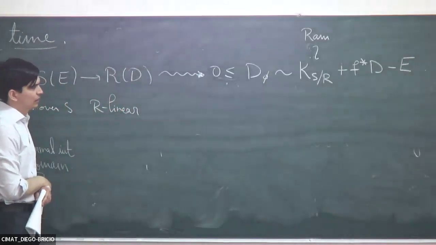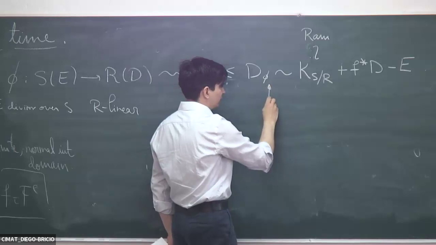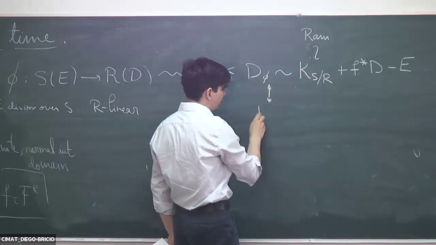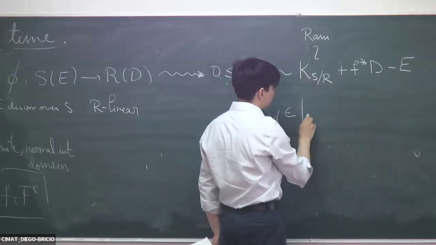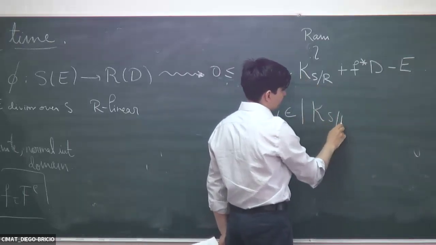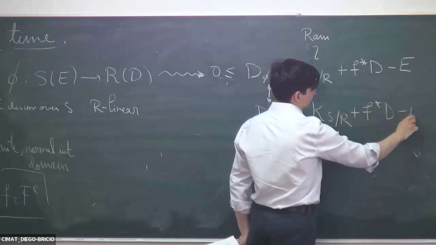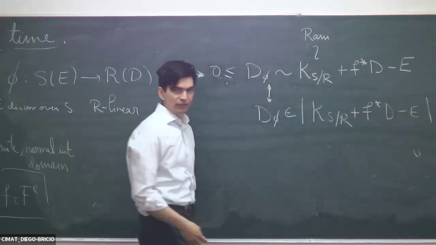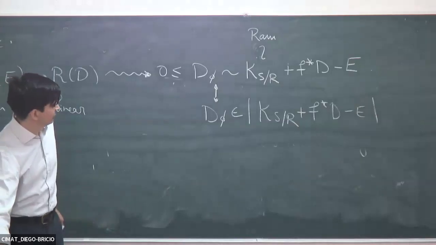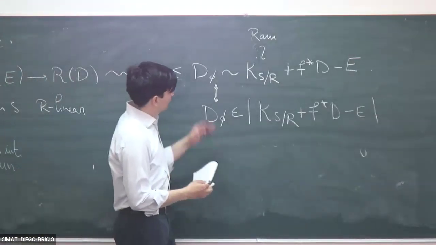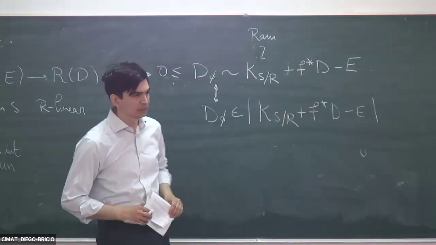That's what we have. So this information here is equivalent, using the language of classical algebraic geometry, to saying that D phi is an element of the linear system of this divisor. Given any divisor, its full linear system is the set of all effective divisors in its equivalence class.